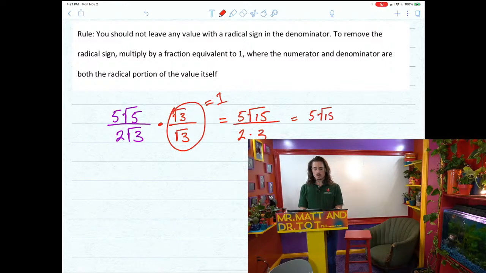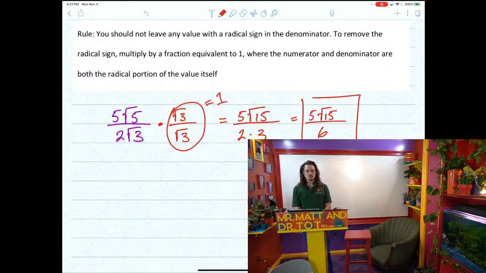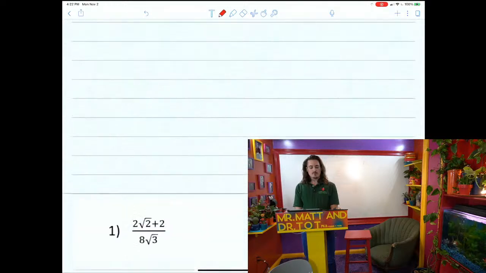Otherwise, let's look at this first problem that'll take us up to the end of class today. So question number 1, we have 2 times the square root of 2 quantity plus 2 all over 8 root 3. In the numerator, we have a binomial.